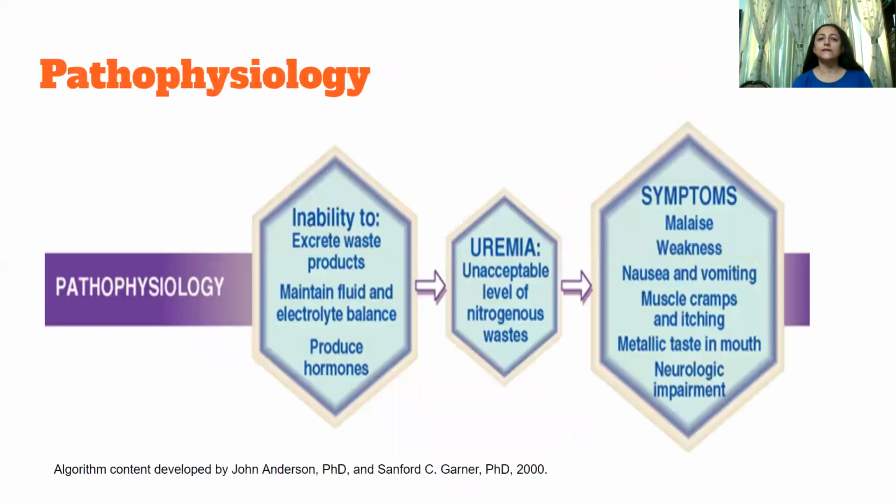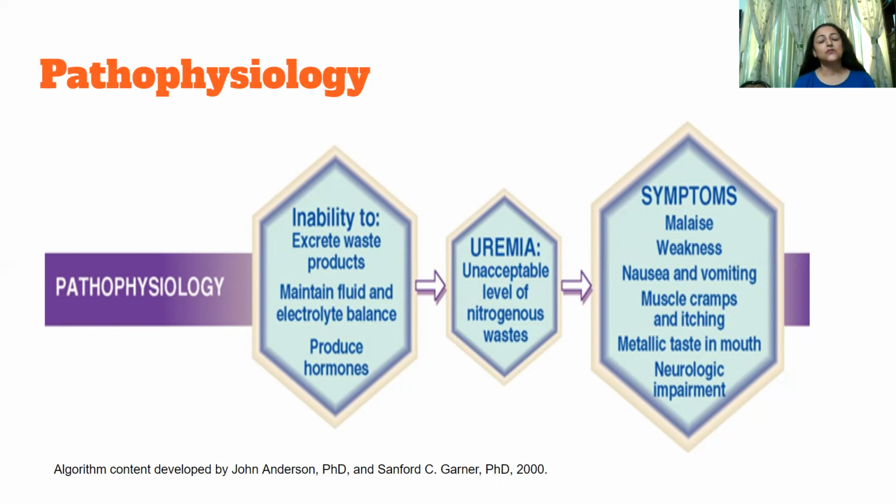Now let us understand the pathophysiology, how it unfolds and how it affects the patient. The starting point is the inability of the kidneys to perform their normal functions. What are the normal functions of the kidney? First, to excrete waste products. Second, to maintain fluid and electrolyte balance.